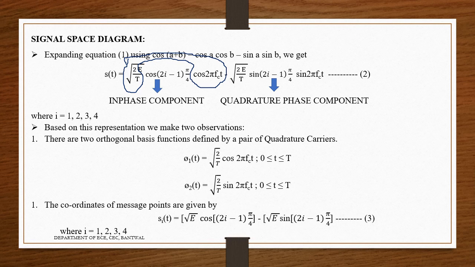Square root of E into cos of (2i minus 1) pi by 4, and minus square root of E into sin of (2i minus 1) pi by 4. So this is what the message points. This is one observation, and this is the second observation.